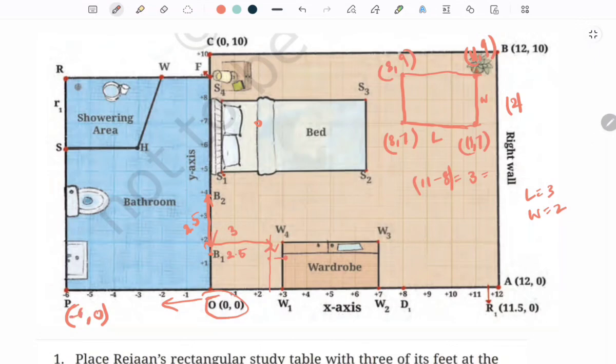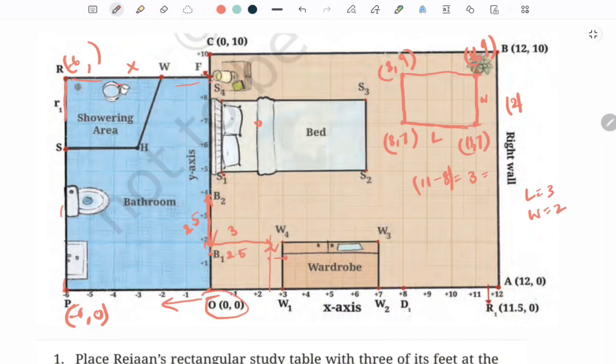And what is R? It's at the same distance as P, right? It is still parallel. This line is parallel to the y-axis, which means the x coordinate is the same, which means -6.